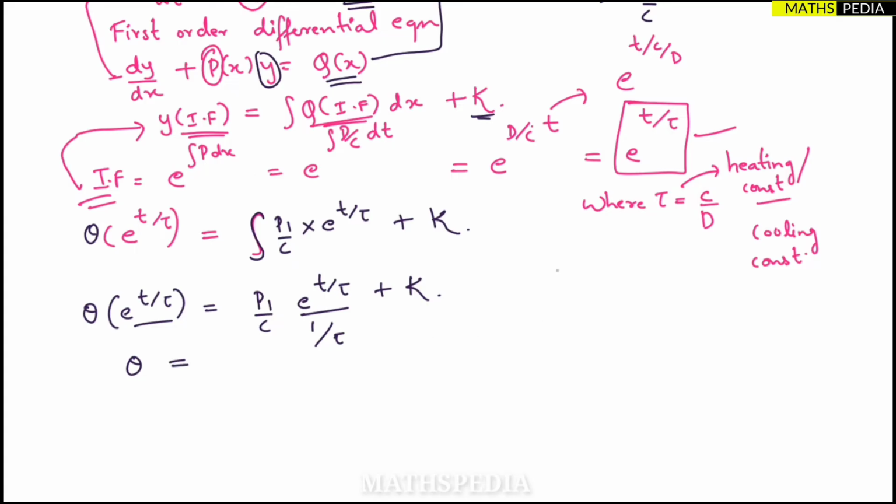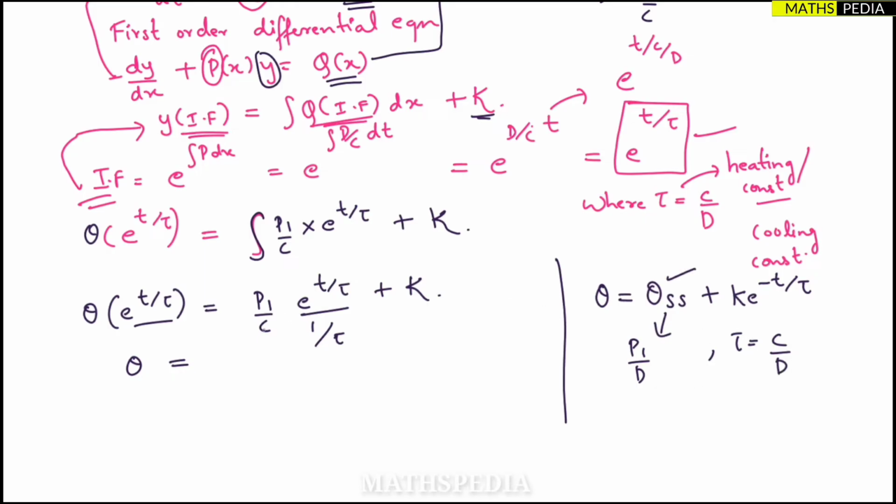Now one more thing you remember, in derivation you know the last answer, right? So the last answer will be in the form of theta is equal to theta ss plus k e power minus t by tau. Yeah, this is the last answer, where theta ss is nothing but P1 by D and tau you already know it is C by D. Okay, so this form you observe here, theta we got, we need theta ss, that means P1 by D we need, correct?